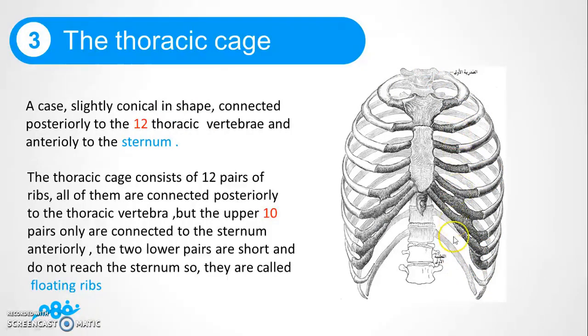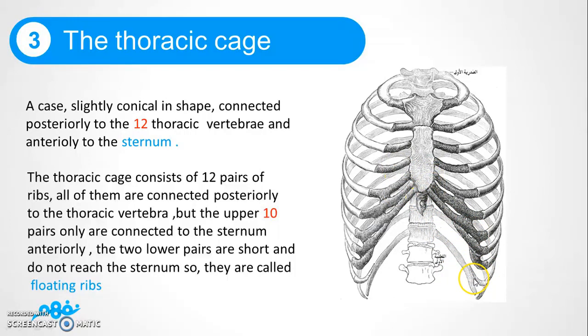But not all 12 pairs connect to the sternum. Only the 10 ones. Here we have 2 pairs that don't reach the sternum. Why? Because they're too short to reach it.